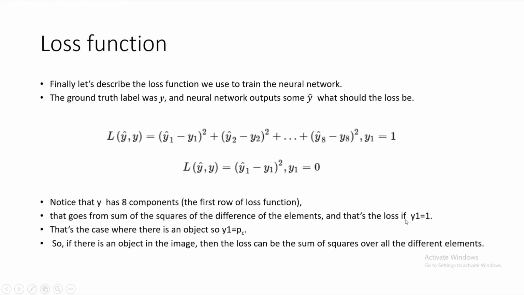We take the summation of the squares of the differences, in the case where y1 is equal to pc. So if there is an object in the image, then the loss is the sum of squares of all the different elements.